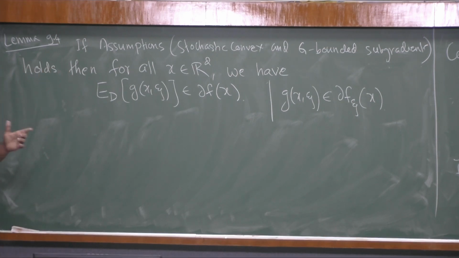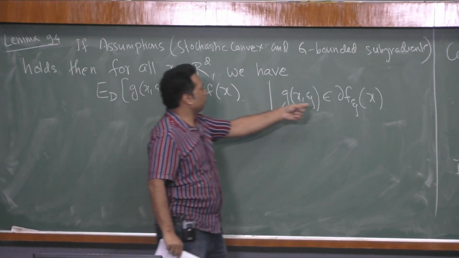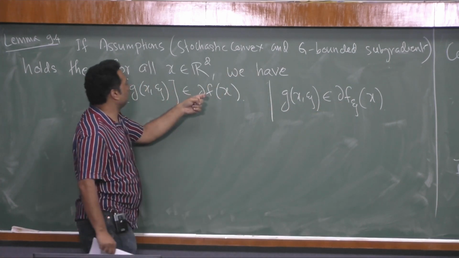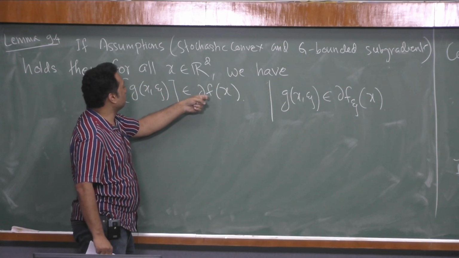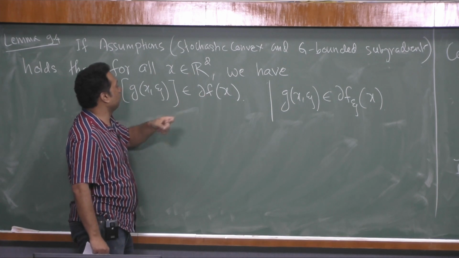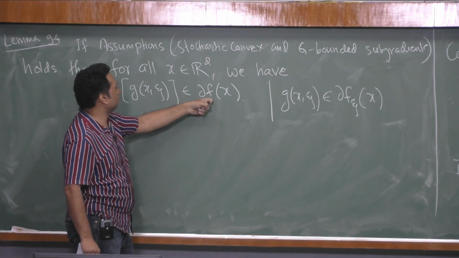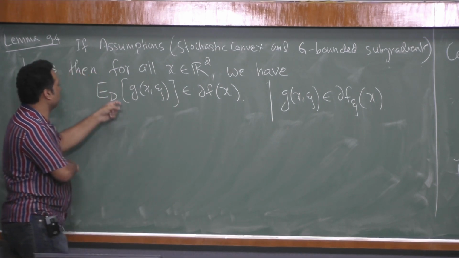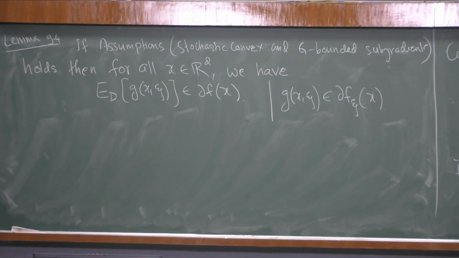So the expectation of the gradient computed for f_j, which is an approximation, is actually in the subdifferential of f at x, which is the original function, not the approximated one. Okay, so this is the result we will try to prove.